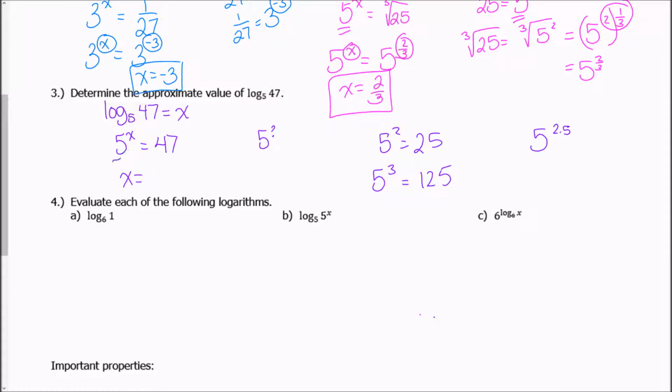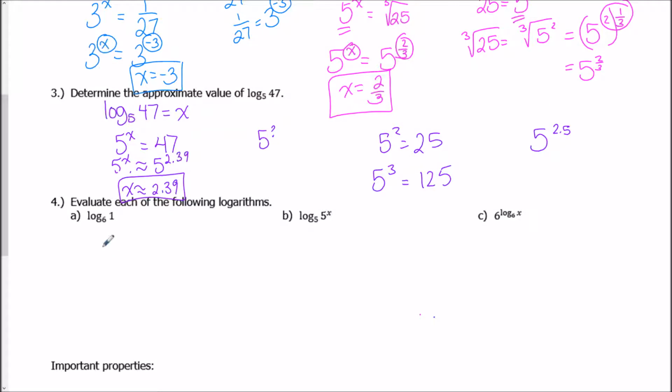So I can say 5 to the power of x is approximately equal to 5 to the power of 2.39. So x is approximately equal to 2.39. Okay, and I think next video is the video where we're going to be able to revisit this question and actually be able to get closer to a correct answer for this.